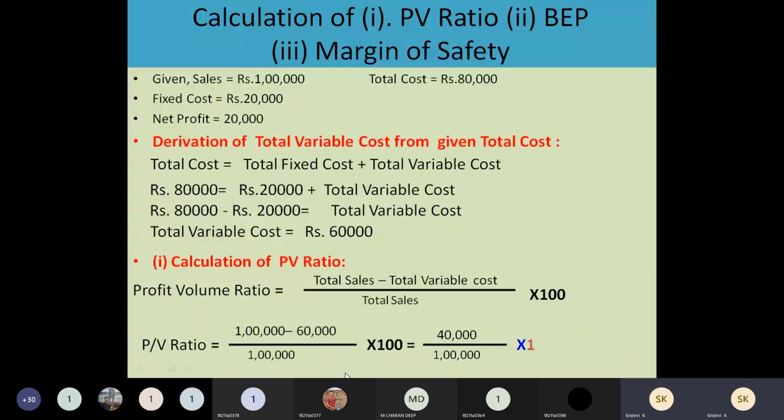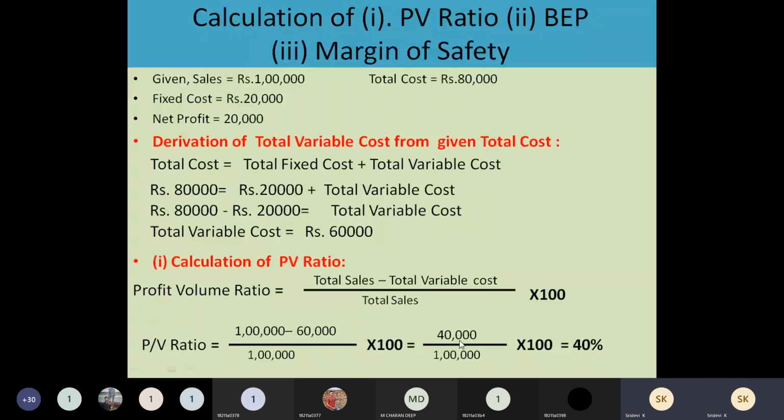You must keep in mind you have to multiply it with 100. So the result will be 40%. Okay, 40,000 divided by 1 lakh will give you 0.4, multiply it with 100, you will get 40%. Or we can say that it is 0.4.